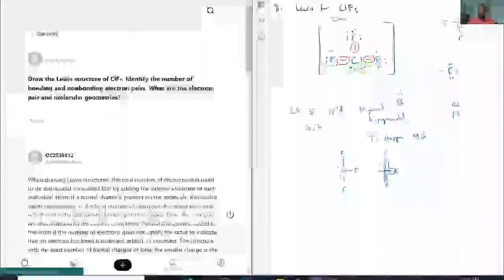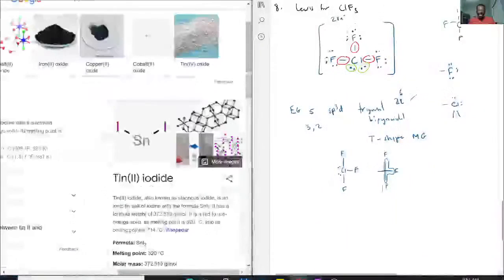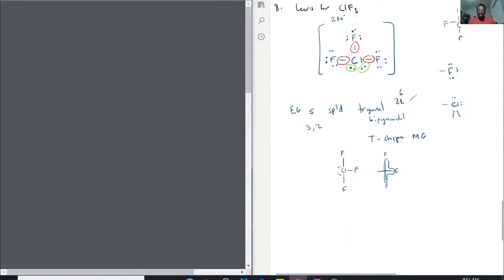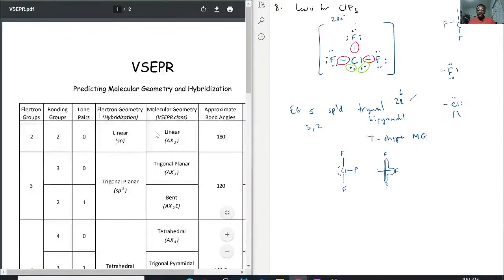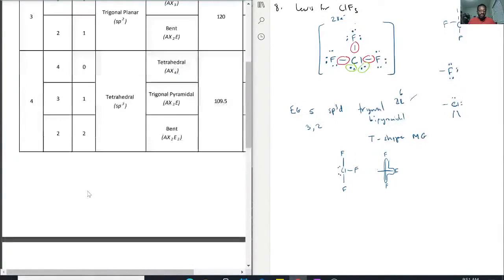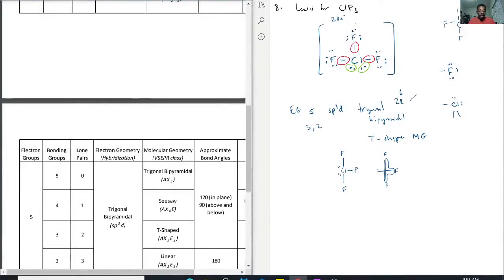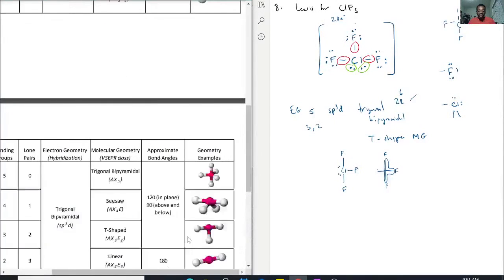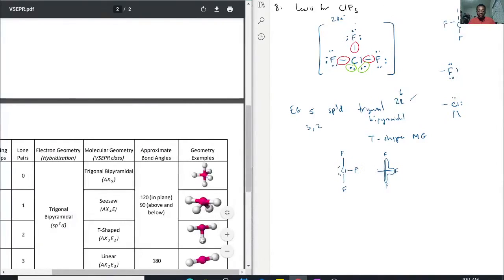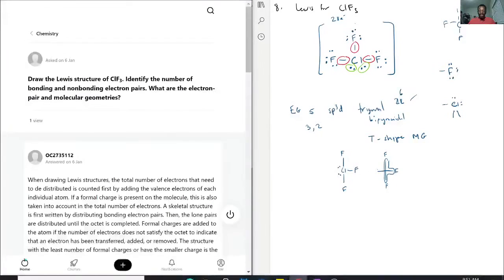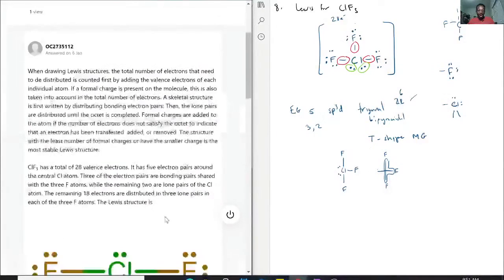Okay? That is what I believe, and we're going to double check here with VSEPR theory. So we have a 3 and 2 split. It is 5 electron groups. Let's scroll down. Electron groups 5, and it is a 3-2 split, and it is indeed known as a T-shape, what looks like that. So that's perfect. Okay. So let's see if we can agree with our colleague as they draw it.